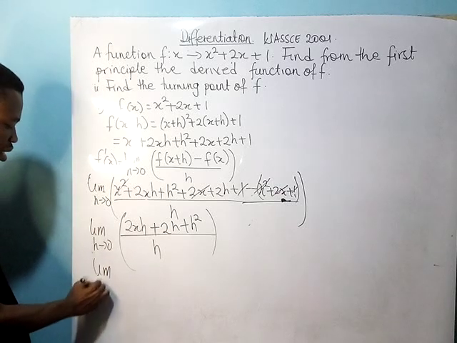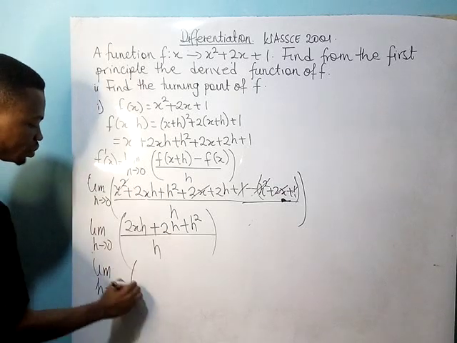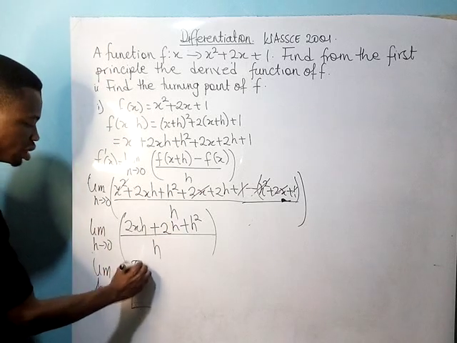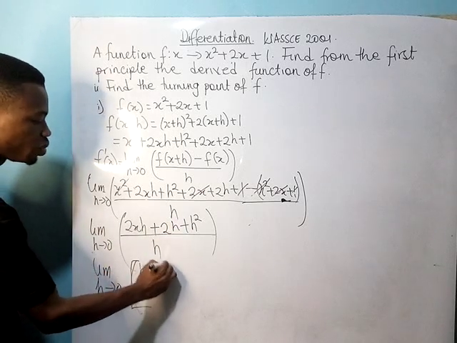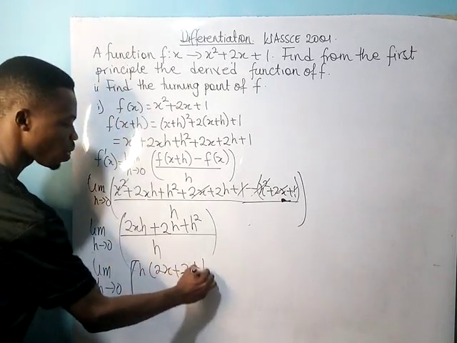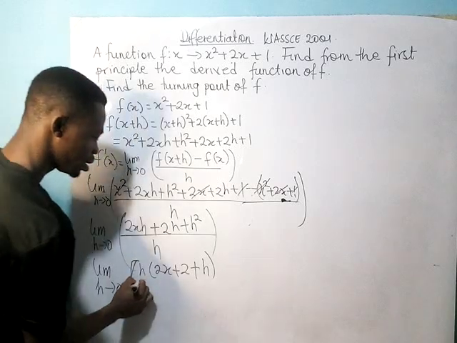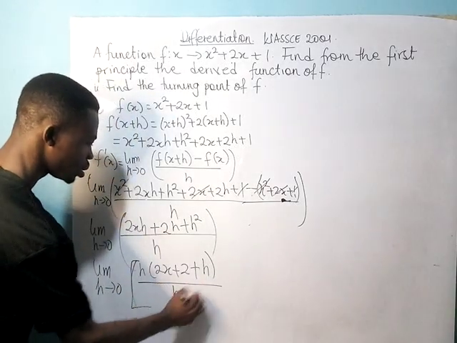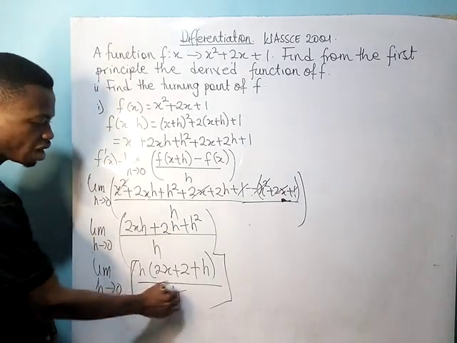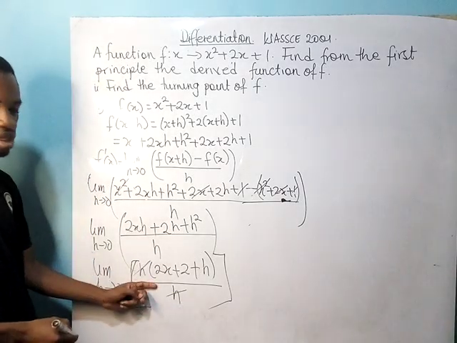So as h approaches 0, let's do the factorization. h comes out. We have 2x plus 2 plus h, all over h. Now our h cancels out the h.